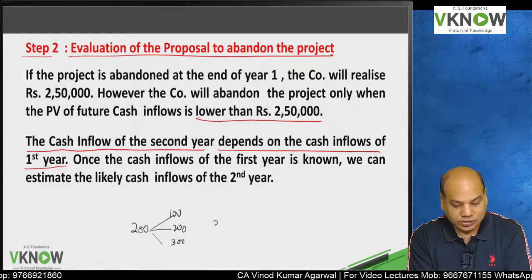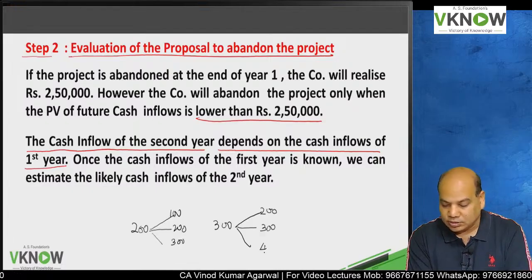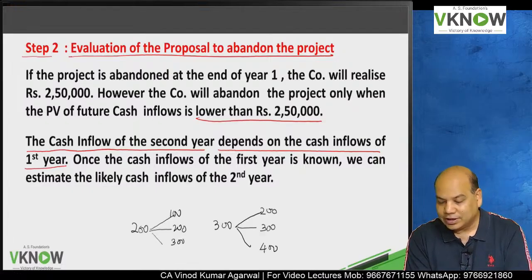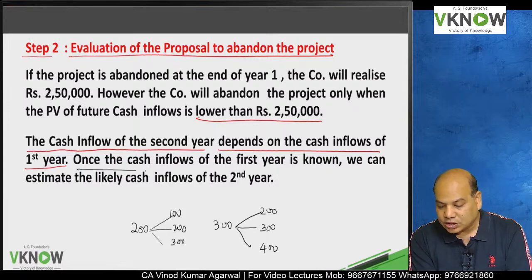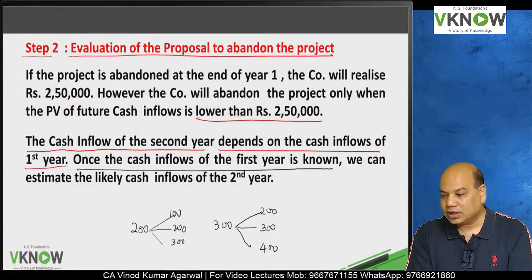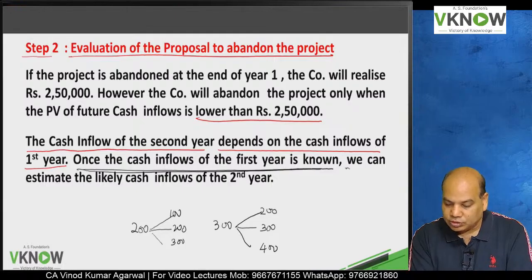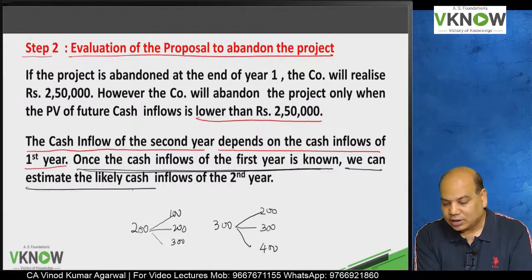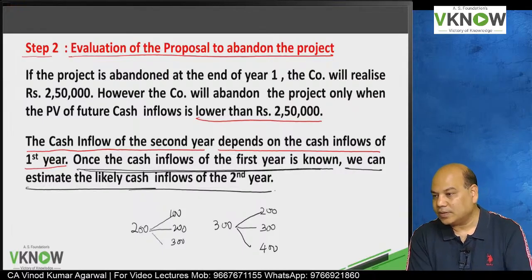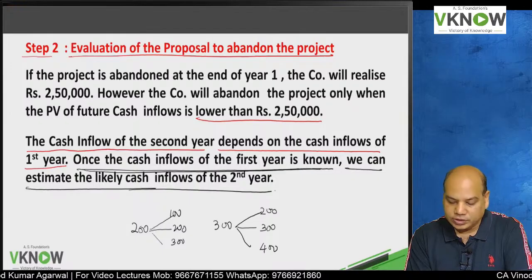If the first year is 300, then the second year cash flow will be only these three possibilities: 200, 300 or 400, like that. Once the cash inflow of the first year is known, we can estimate the likely cash inflow of the second year.